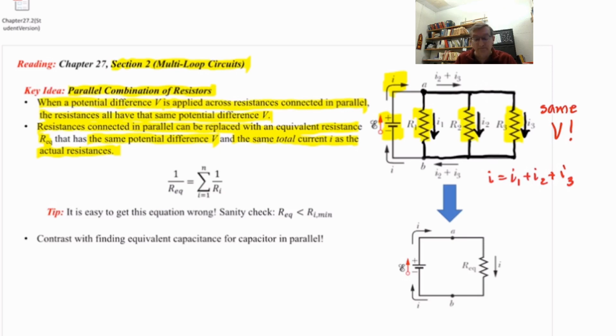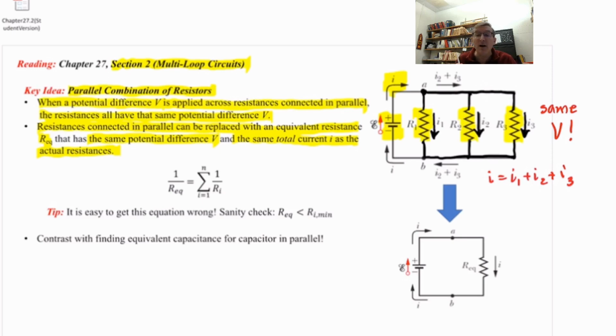All right, now, that means I'm going to take each one of those expressions for the I, and I'm going to replace it with V over its R. That just comes from the definition of resistance.